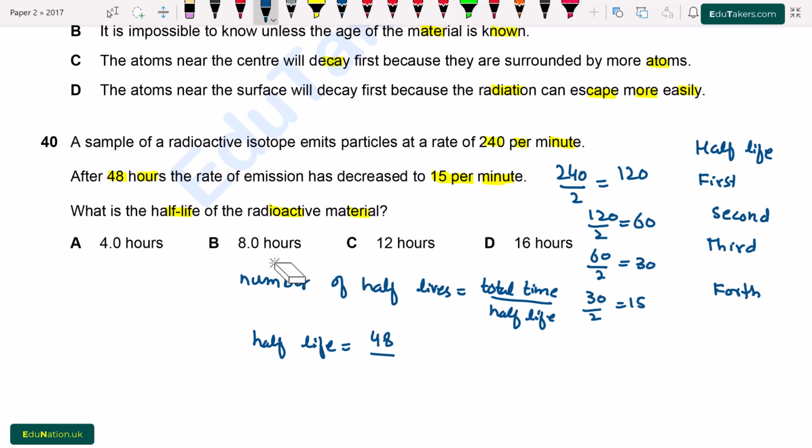Here a total of 4 half-lives pass, so there will be 4. The half-life will be equal to 12 hours. Now we see the options. Option A 4.0 hours, B 8.0 hours, C 12 hours, D 16 hours. From here, option C is correct because the half-life of the radioactive material is 12 hours.